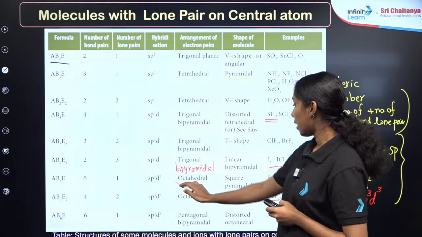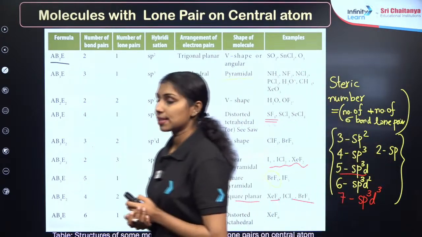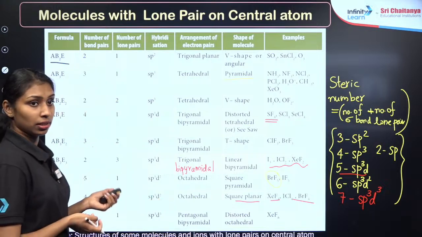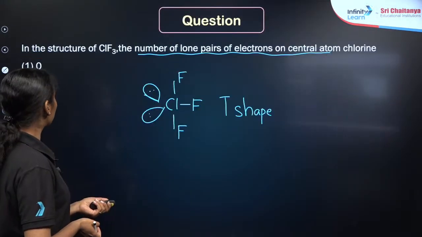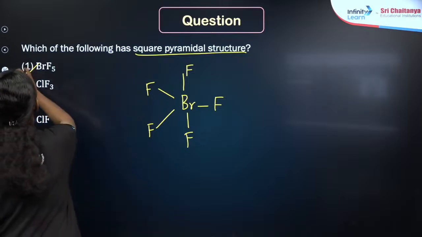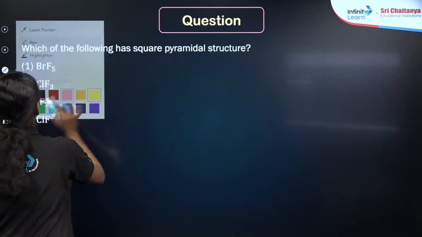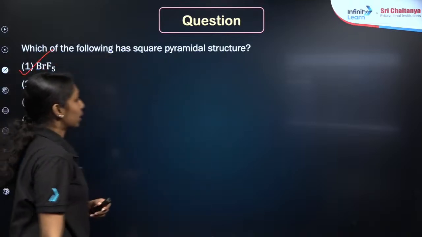So you can see here, the expected geometry was octahedral, but in practice the shape becomes square pyramidal, just like IF5 also. Clear? Yes, option 1 will be the correct answer.